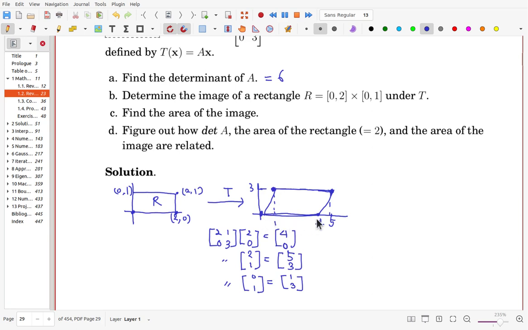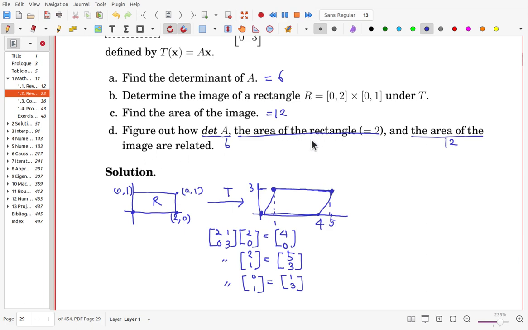Here, the bottom length is 4, the height is 3, so the area must be 12, right? Okay, figure out how the determinant of A, which is 6, the area of the original rectangle, which is 2, and the area of the image, which is 12, are related.